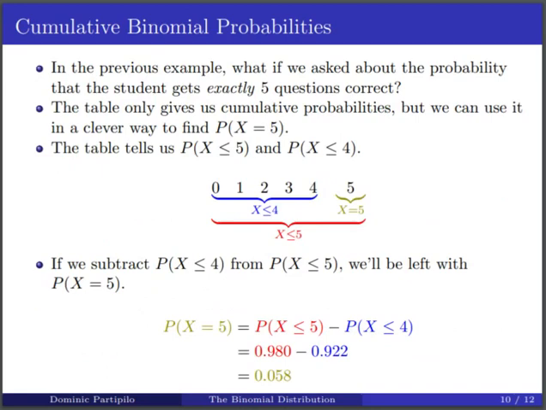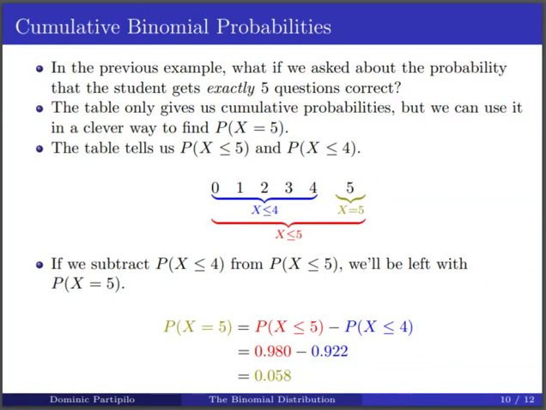So in the previous example, what if we asked about the probability that the student gets exactly 5 questions correct? Now, the table only gives us cumulative probabilities, but we can still use it to find the probability that X is exactly equal to 5, as we would if we were to use the PMF.